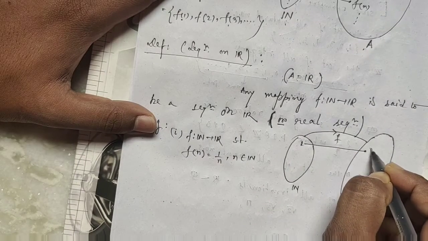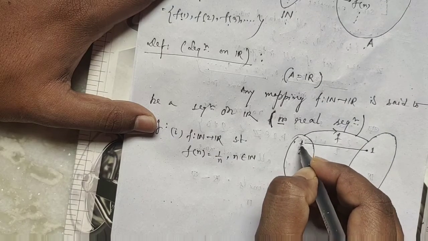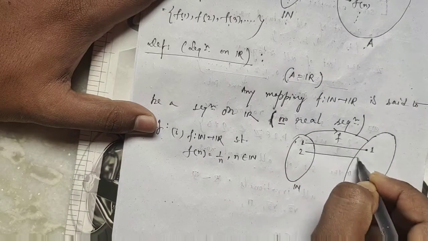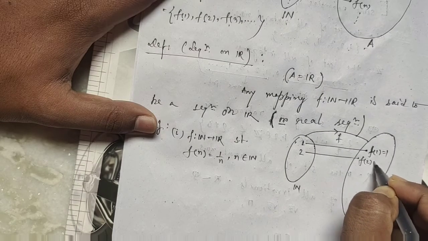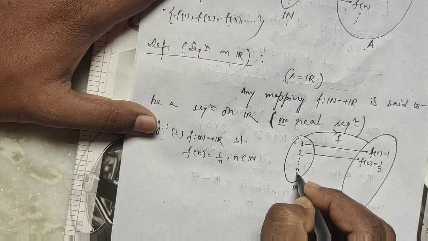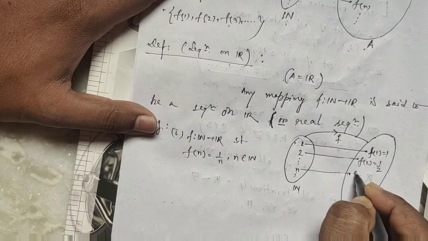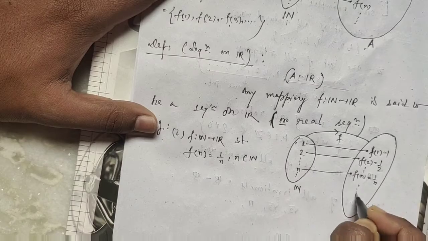So f of 1 equals 1 by 1, that is 1. For n equal to 2, f of 2 equals half, and f of n equals 1 by n, and so on.